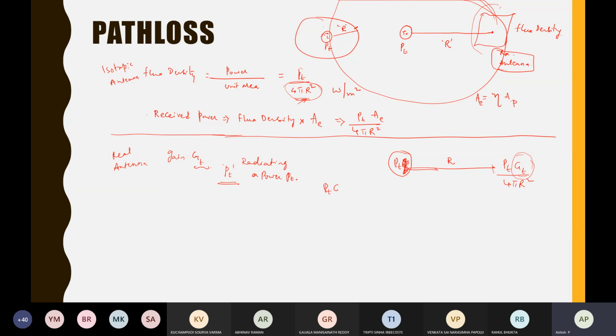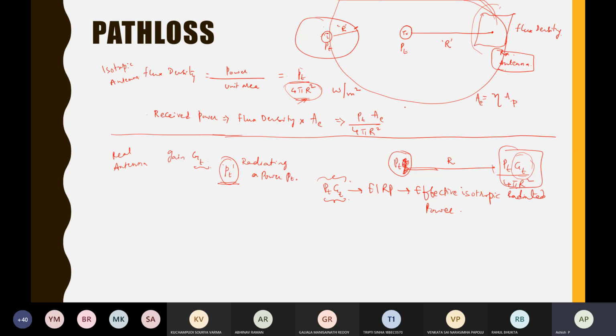That PT into GT we call the effective isotropic radiated power. To get this much received flux density, an isotropic antenna should radiate PT into GT, but since this is a directional antenna with gain, it is radiating only PT watts.